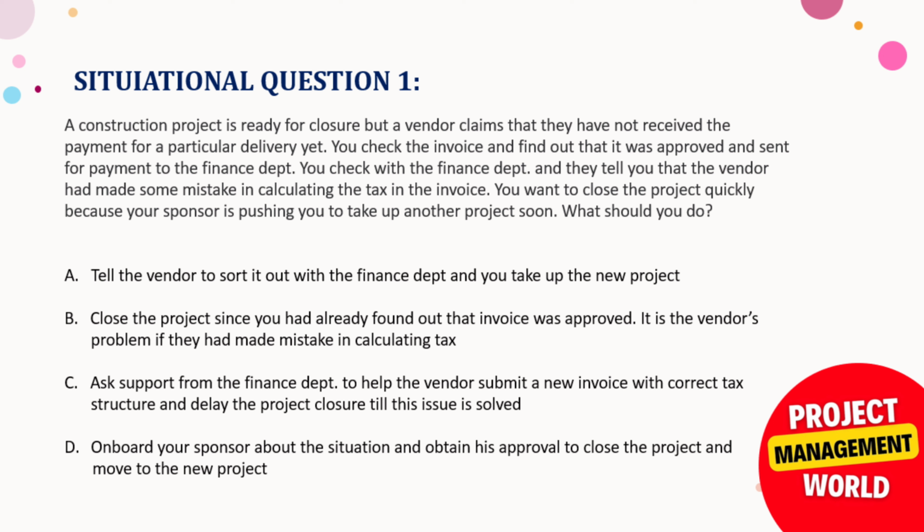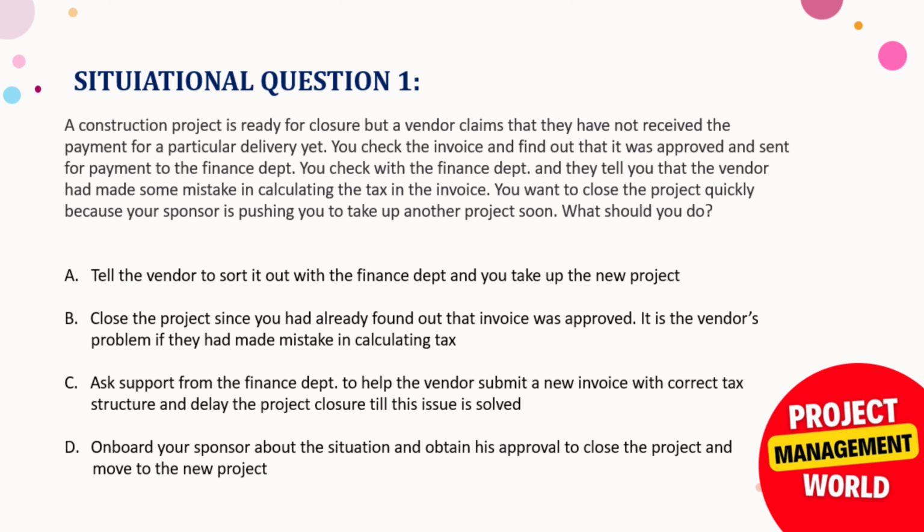So option B, we have close the project since you had already found that the invoice was approved. It is the vendor's problem if they made a mistake in calculating tax. This looks like a communication gap between the finance department and the vendor. That was the reason that you have not paid the payment yet.